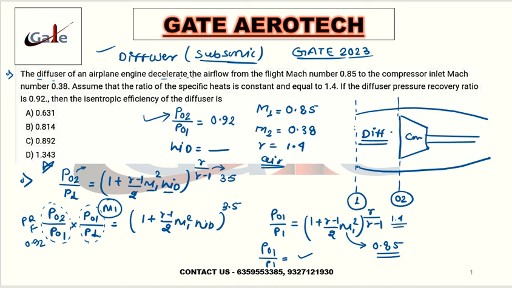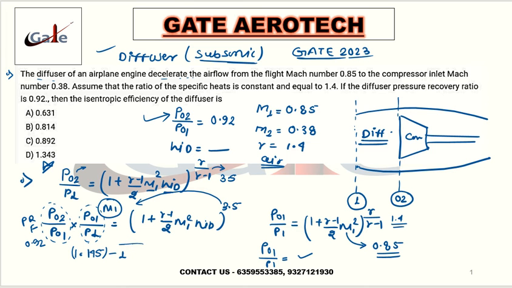So if you solve this way, this is coming out to be 1.145, right? And if you send this to the left hand side for 3.5, it will come out to be 0.285, and this becomes minus 1.